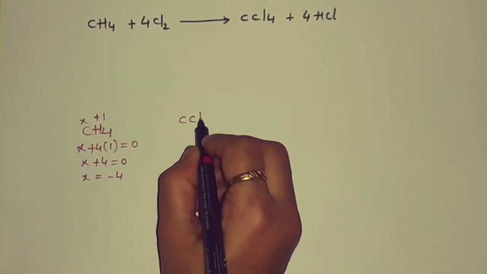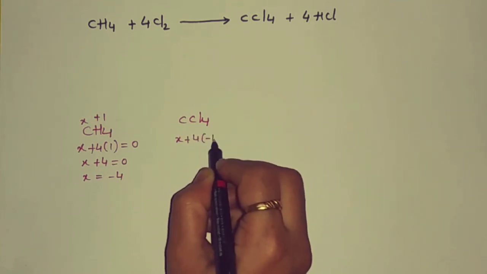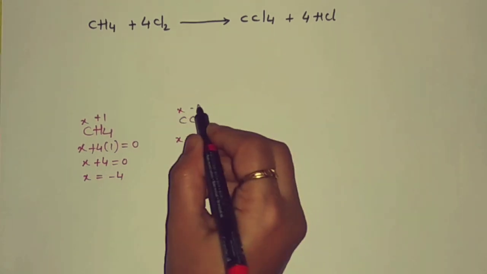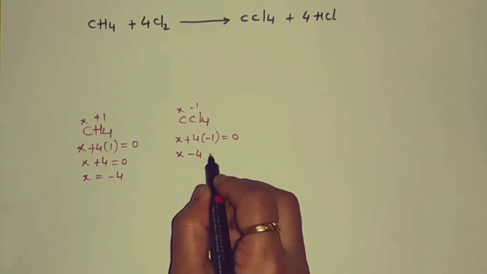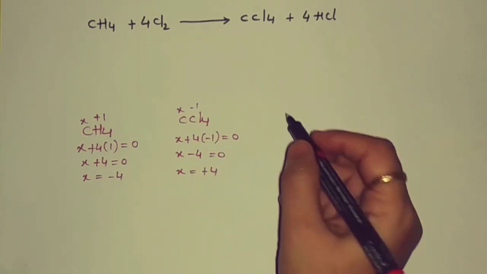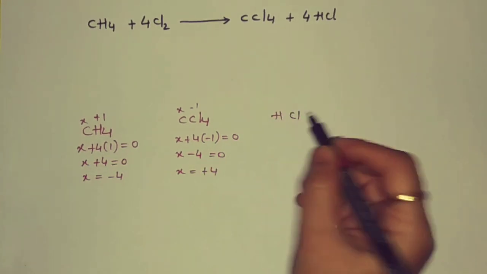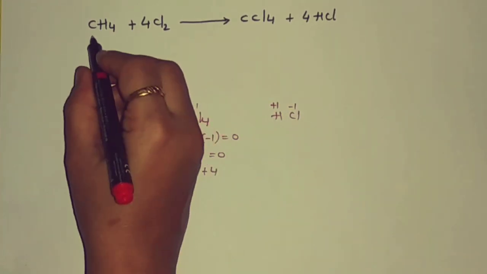In case of CCl4, carbon x plus 4 into minus 1 is equal to 0, x minus 4 is equal to 0, x is equal to plus 4. In case of HCl, H is plus 1, chlorine is minus 1.